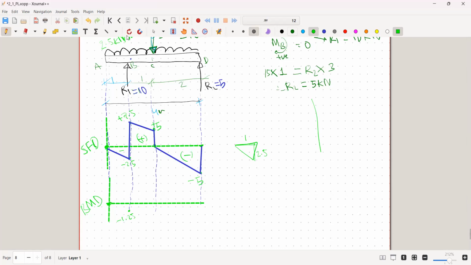And from here it is 0. And this trapezoid here will be half times 7.5 plus 5 times the distance, which is 1, and this comes to 6.25. So minus 1.25 plus 6.25 comes out to be positive 5.